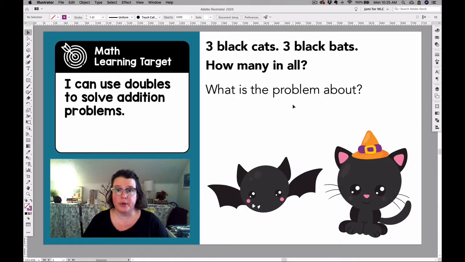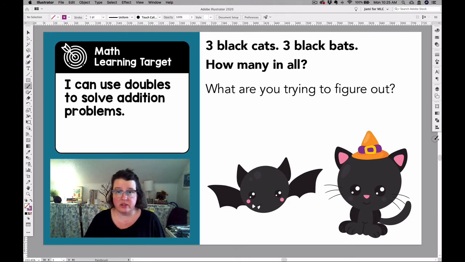Ooh, it's a Halloween problem. That's pretty awesome. What is this problem about? Let's read it. 3 black cats, 3 black bats. How many in all? What is the problem about? Well, it's about bats and cats. That was pretty easy.